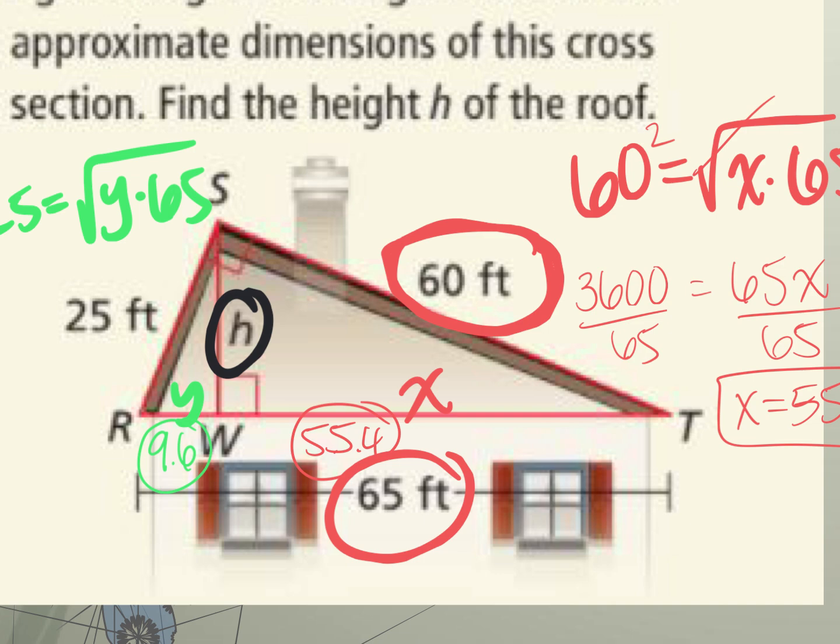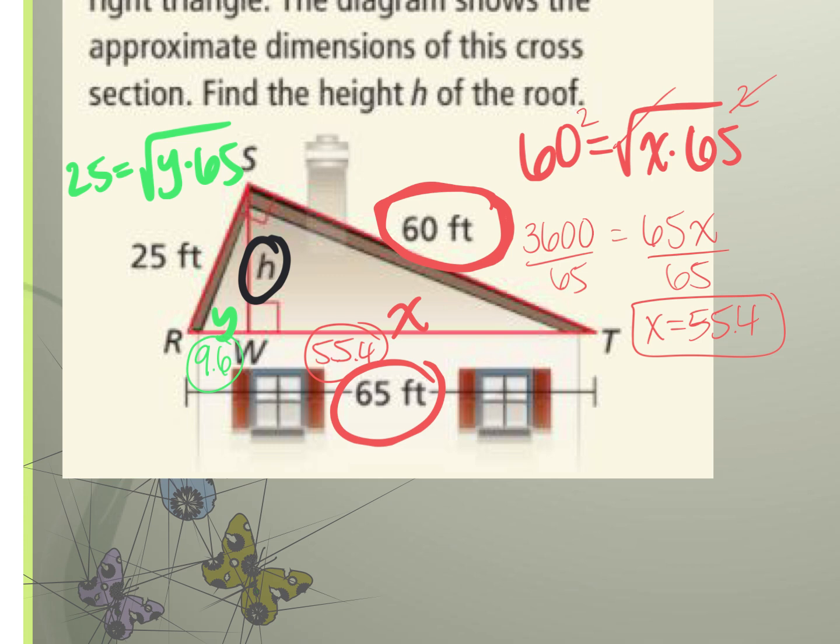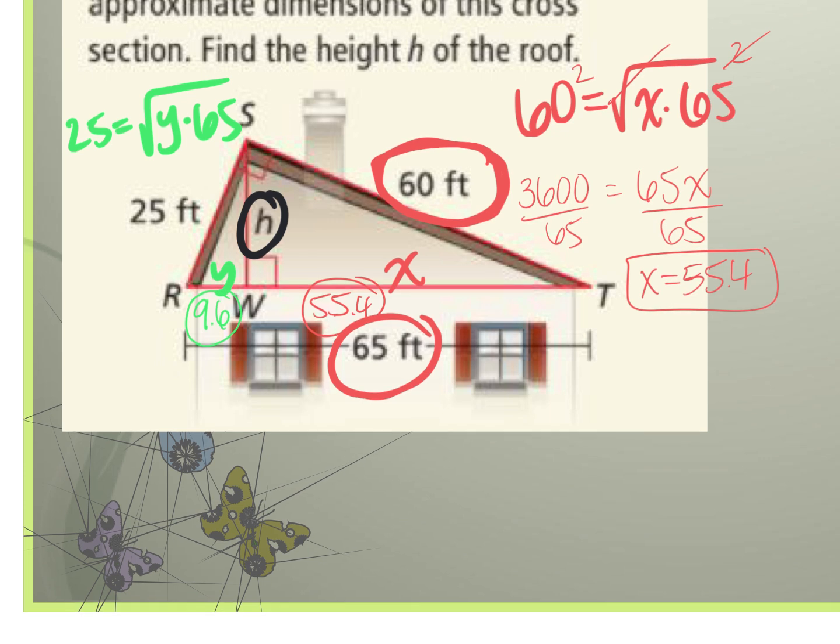How do I solve for h now? Juliet? Very good. 55.4 times 9.6, because it's going to be the geometric mean of both those segments on the bottom. So h equals the square root of 55.4 times 9.6.